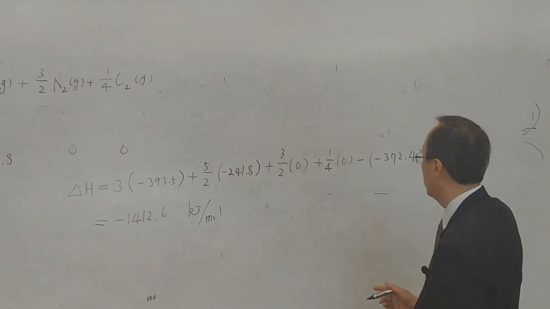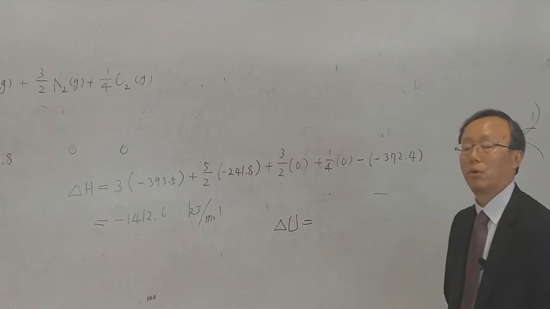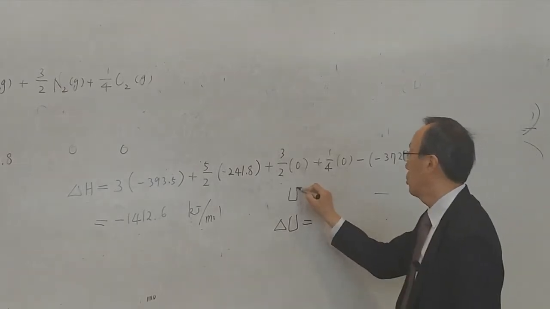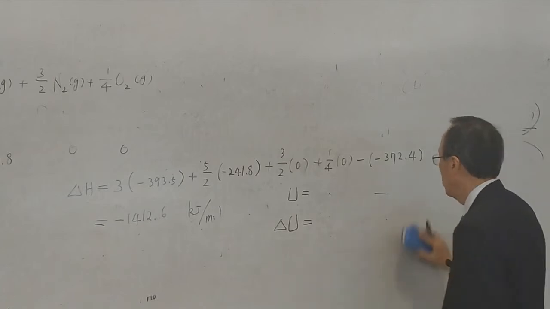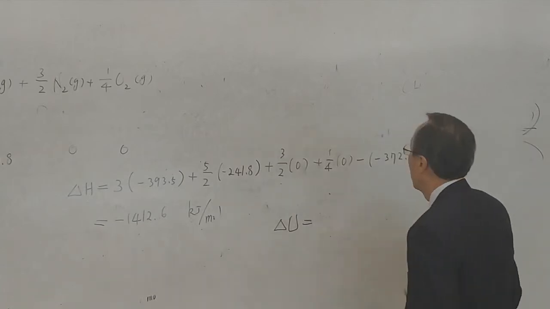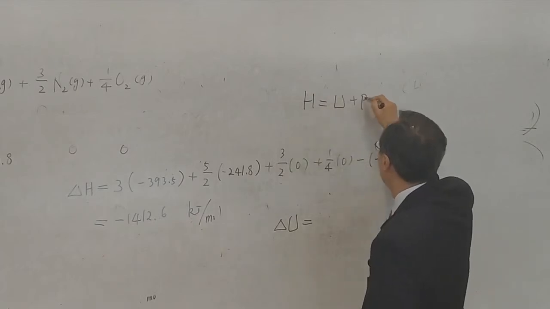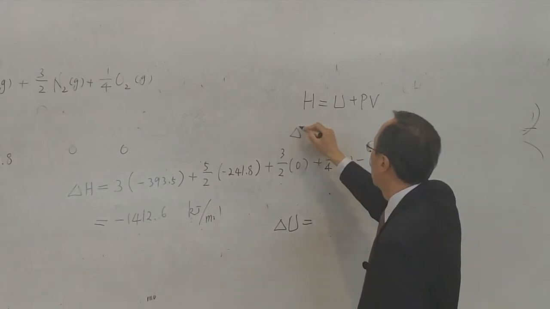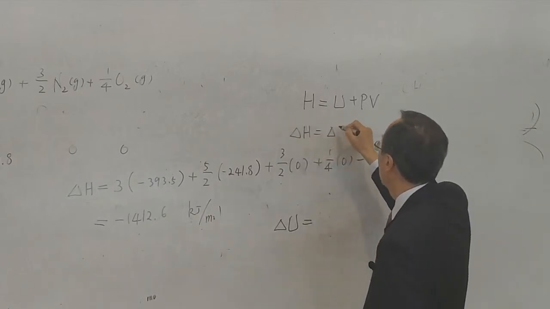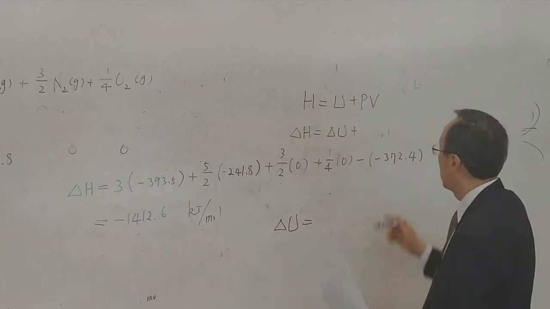How about delta U? You know, what's the definition of enthalpy? U plus PV. So delta H equals delta U plus delta PV.